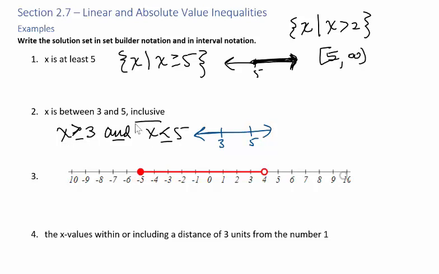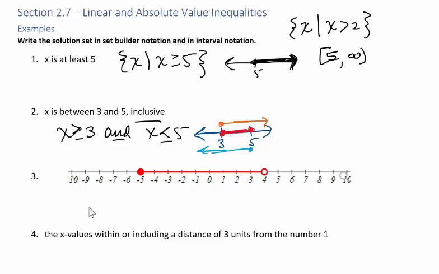So x is greater than or equal to 3 would be shading 3 and to the right. x is less than or equal to 5 would be shading 5 and to the left. And you can see this region in the middle where these lines would overlap, which is from 3 to 5.